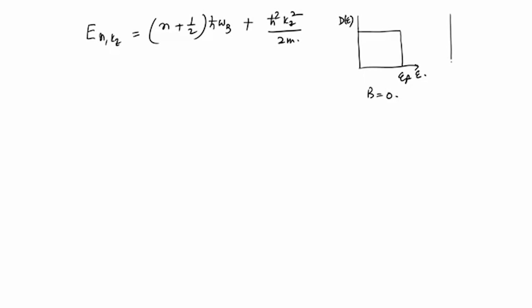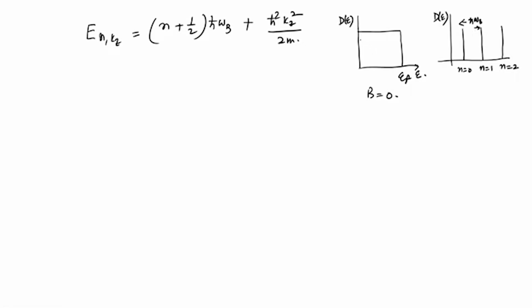Now, with a magnetic field you have these Landau levels that are formed at equal intervals: the n equal to 0 Landau level, n equal to 1 Landau level, n equal to 2 and so on, and the energy difference between them is h cross omega b, the cyclotron frequency. That is what the density of states looks like.